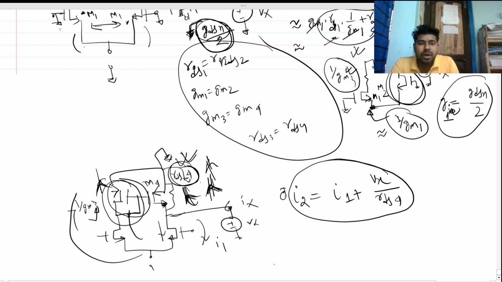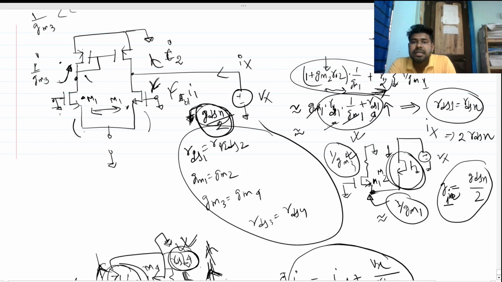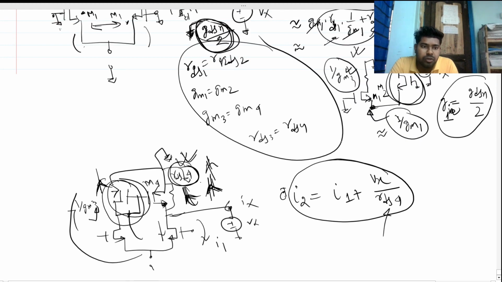So what is the impedance looking up here? I will write in conductance format. We know that the conductance looking here was GDSn by 2. So this will be GDSn by 2 plus this conductance, right? If RDS4 is the resistance, what will be the conductance?